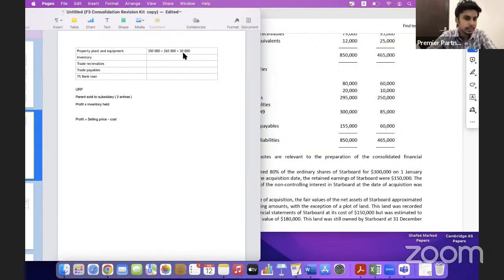Anything that you didn't understand from that one? Don't hesitate, guys. Please ask, because fair value definitely will come. It will come in the next level, right? So therefore, make sure that you understand the concept properly. Check and see, guys, any doubts that you have.